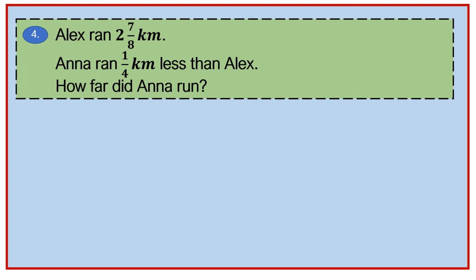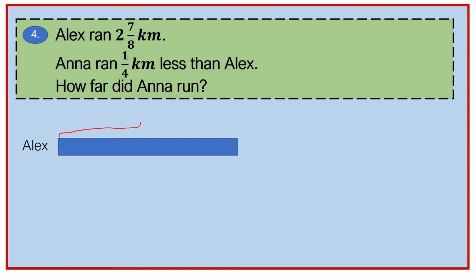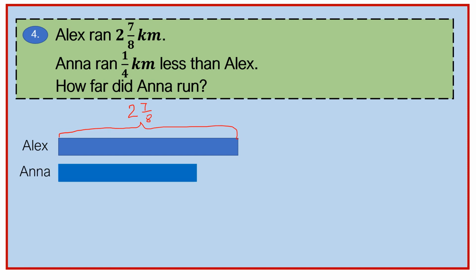Okay, so we have got Alex and Anna. Alex ran 2 and 7 out of 8 kilometers. It means that from here up to here we have 2 and 7 out of 8. Then Anna ran a quarter kilometers less than Alex.